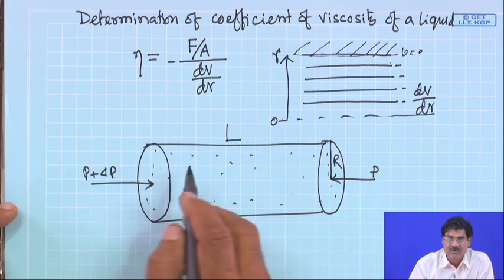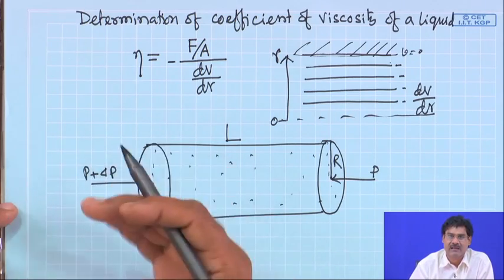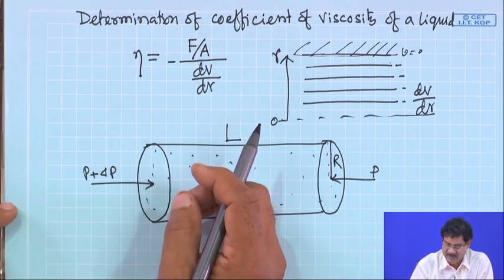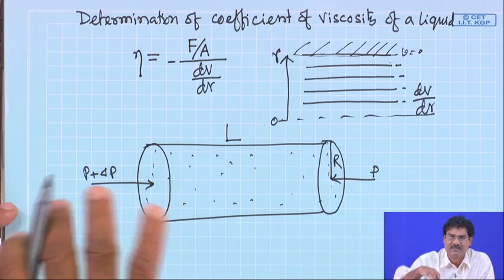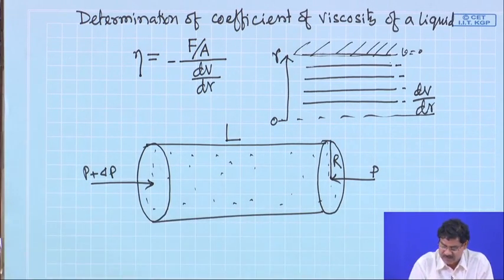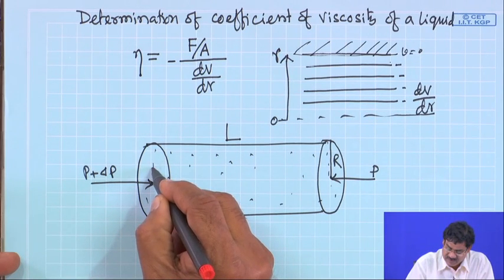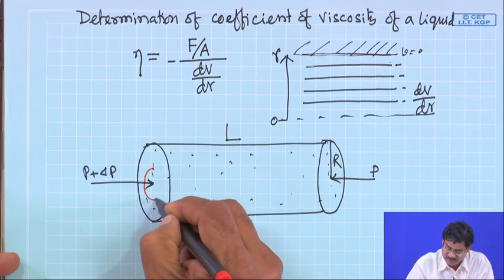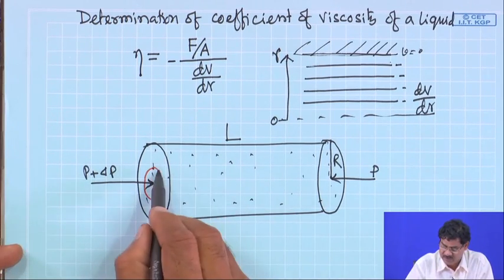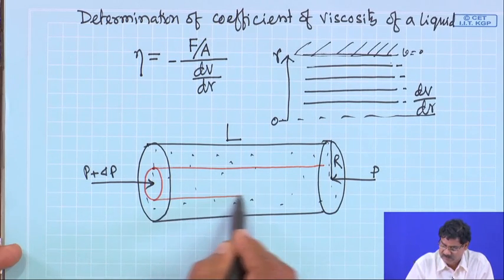So, you can consider many concentric cylindrical layers of liquid. Okay. So, its surface is basically cylindrical. So, let us consider a cylindrical liquid surface. Okay.